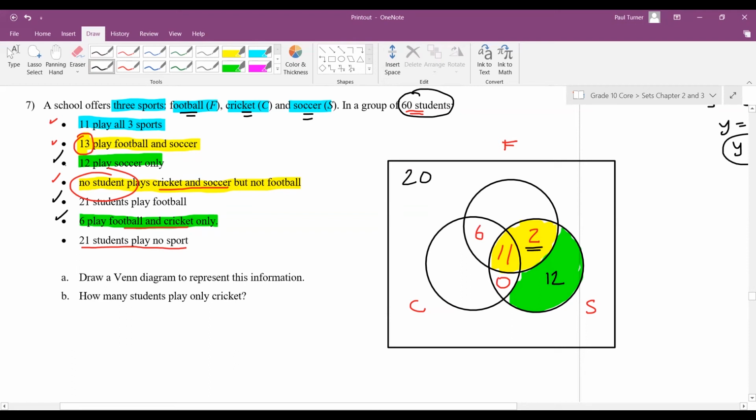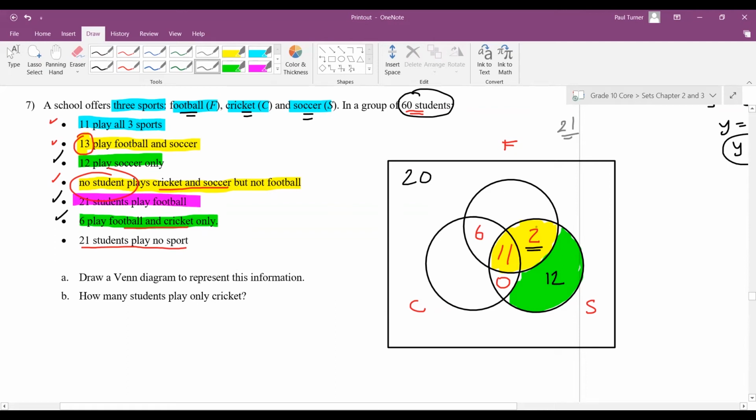Now we go back to this one here in purple. 21 play football, right? So 21 play football. This is this circle here. Okay, so we need to calculate what number goes here.